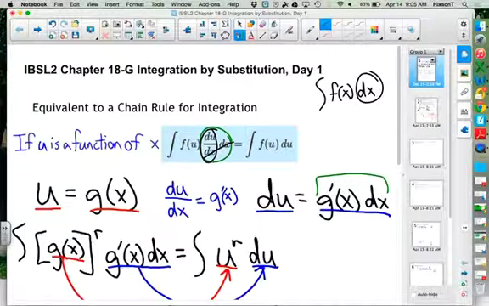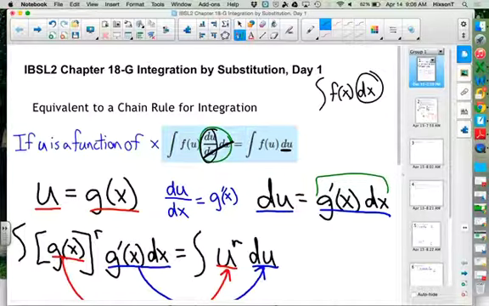But if we have this derivative du dx in here, the dx's can cancel out, and you're left with du. So now we're integrating with respect to something different. And du dx is the derivative of the inner function? Yes.